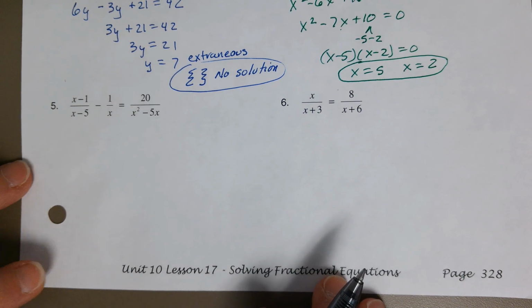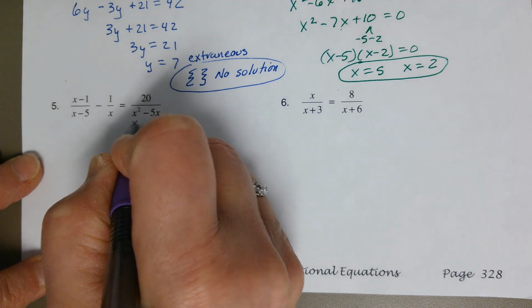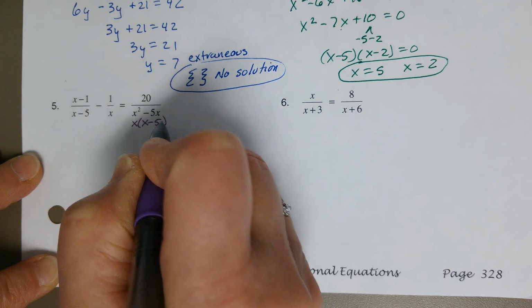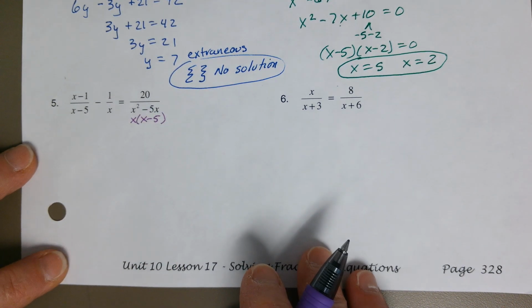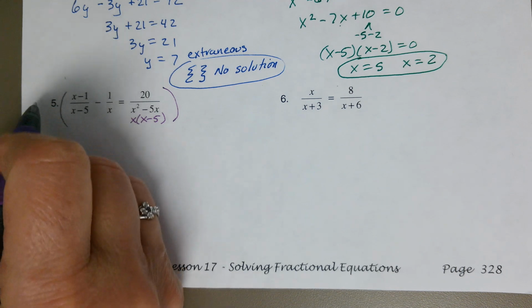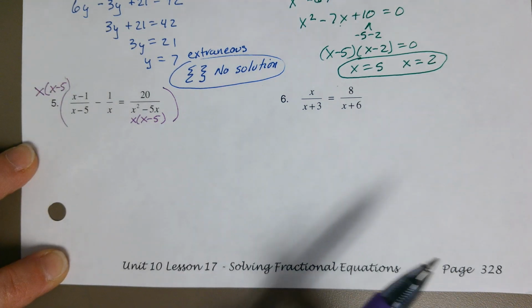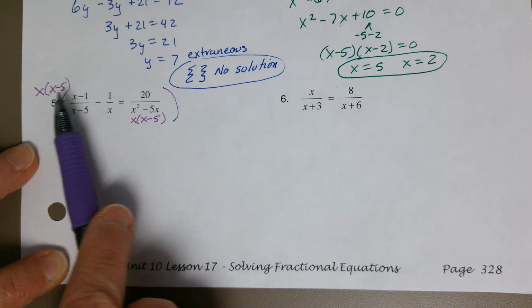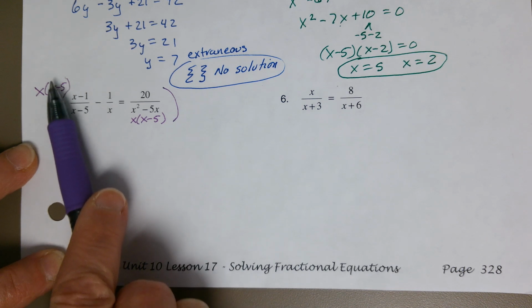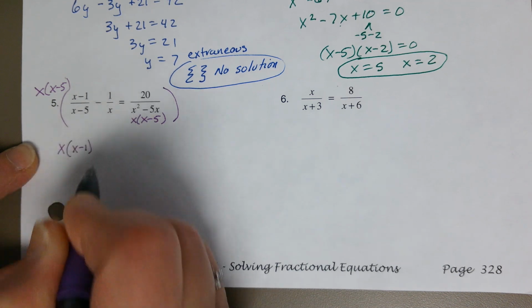With number 5, we'll go to this denominator, factor it, GCF x times x minus 5. The least common denominator is x times x minus 5. Taking this first fraction, multiplying it by this, the x minus 5's divide out, we're left with x times x minus 1.